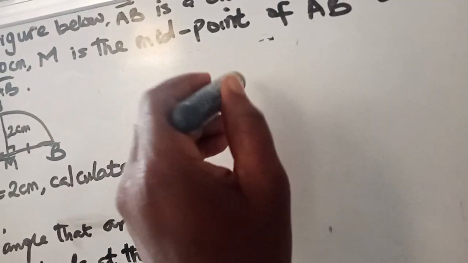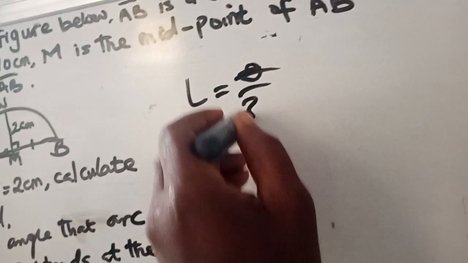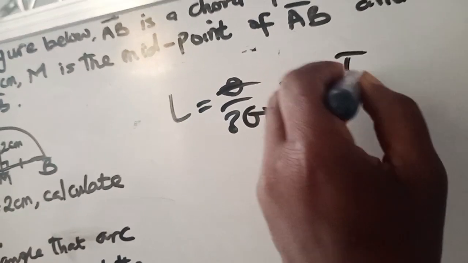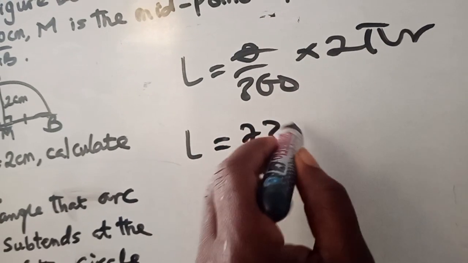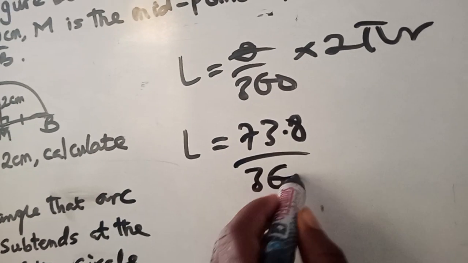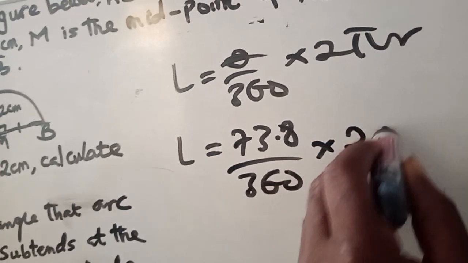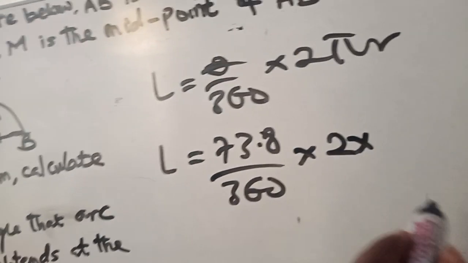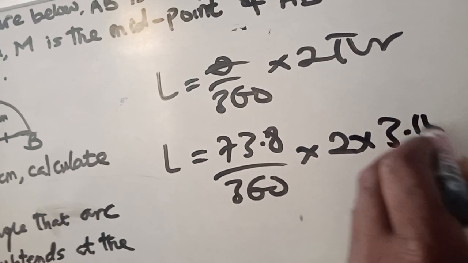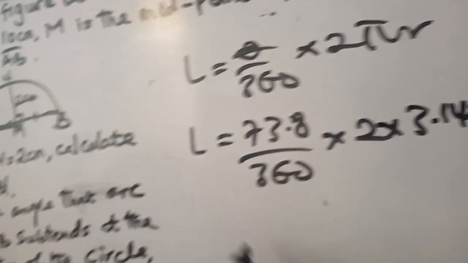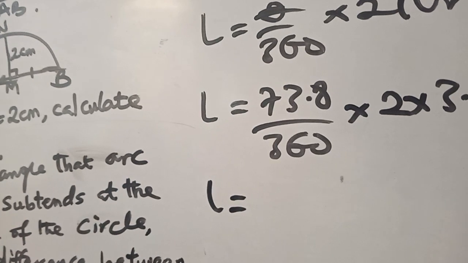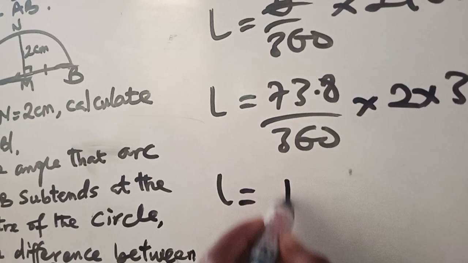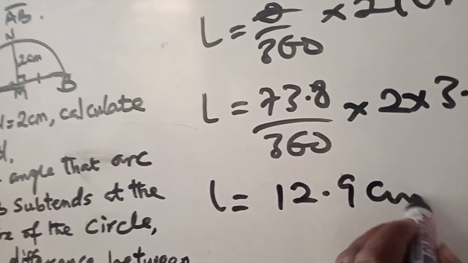Length of arc is equal to theta over 360 times 2 pi r, and that will give us 73.8 over 360 times 2 times 3.14 times 10. So if you multiply everything up and divide by 360, you are going to get 12.9 centimeters.